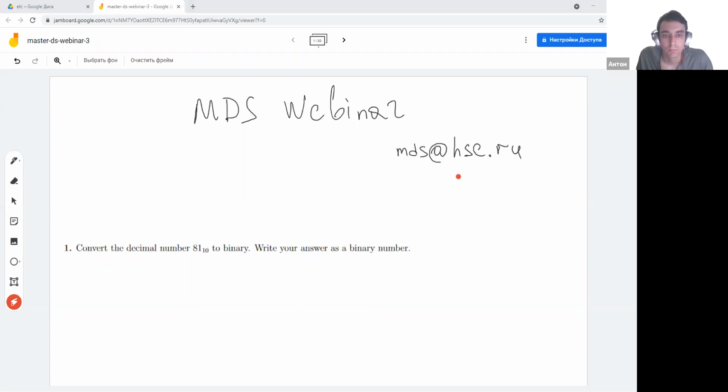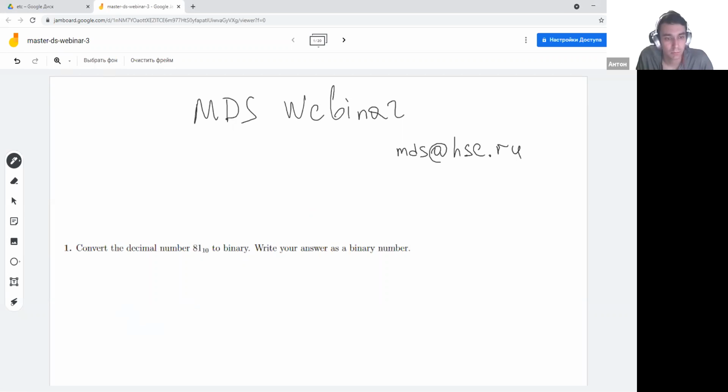Okay, so we start with the first problem where we are given a decimal number, 81, and we are asked to convert it to binary. So binary representation uses only ones and zeros to represent a number, and there are different ways to convert a number from decimal system to binary.